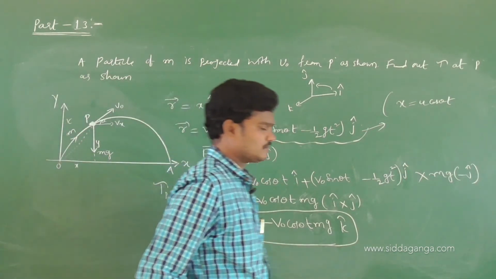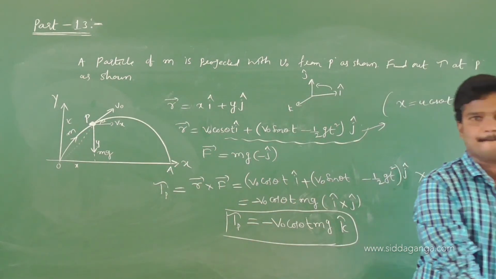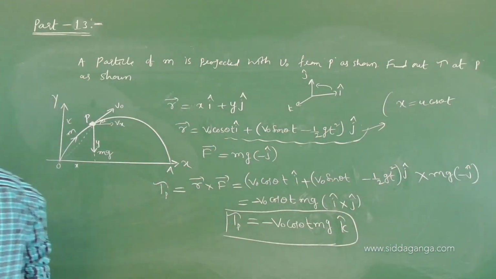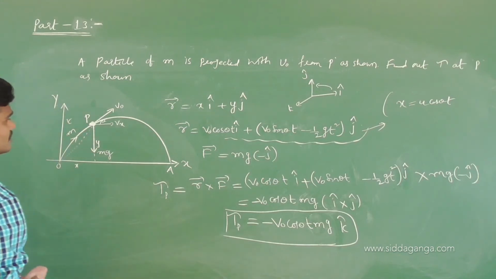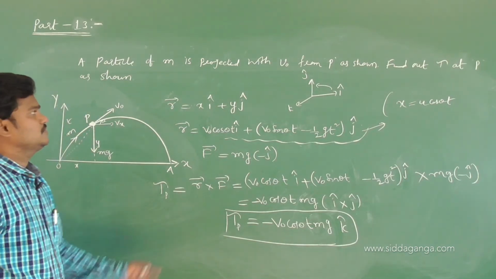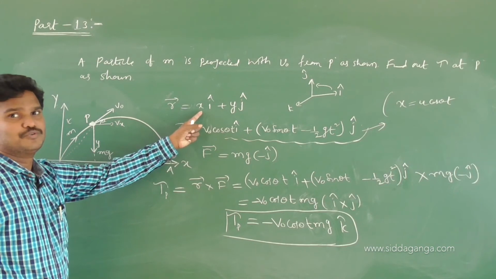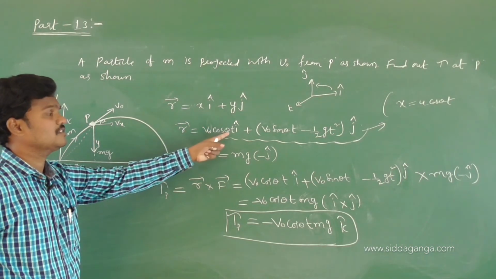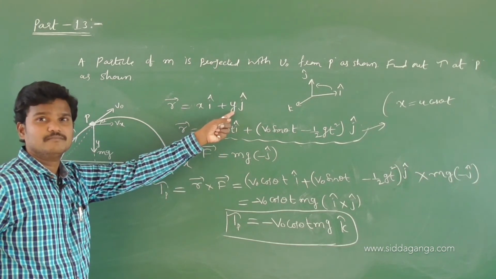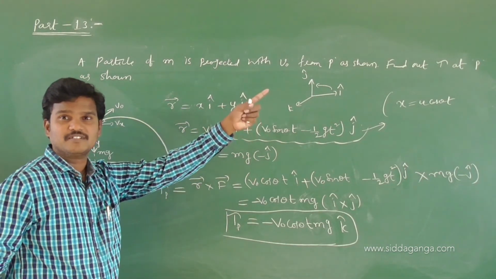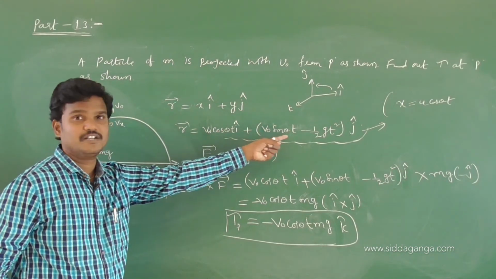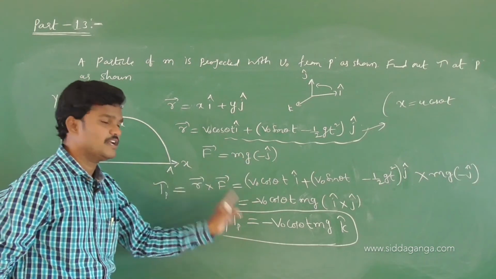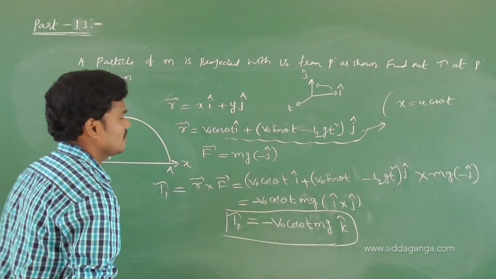So horizontal component S is equal to ut plus half at square, a is 0, u is nothing but u cos theta, here v naught cos theta into t. Vertical component S is equal to ut minus half at square, u is nothing but u sin theta into t, half at square, a is nothing but minus g. Okay. And do the cross product, you will get the answer.